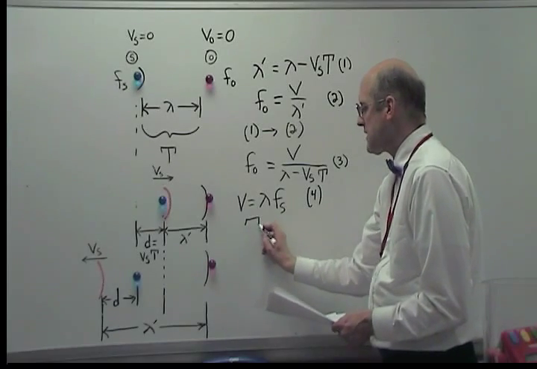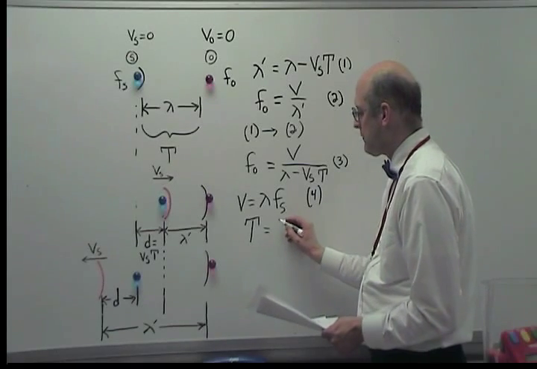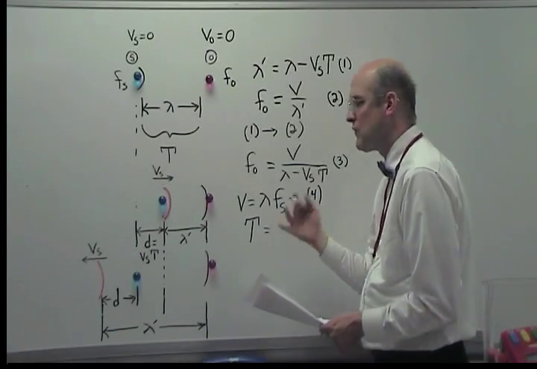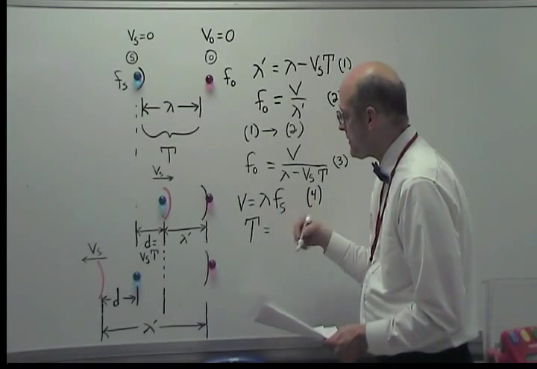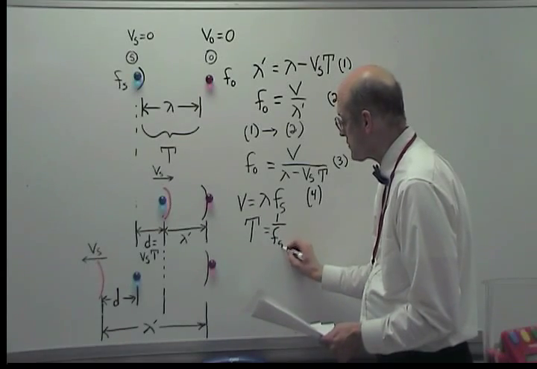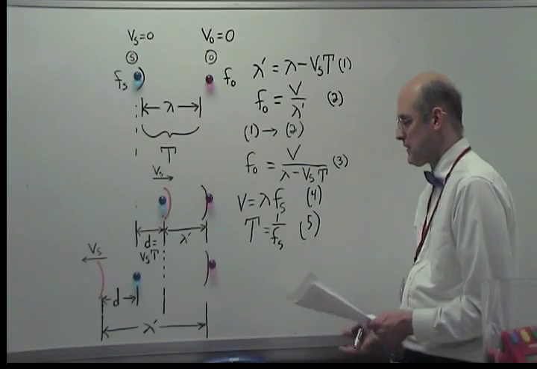Equation 5 relates the period to the frequency. Isn't the period of the wave emitted by the source equal to 1 over the frequency of the source? And that I'm going to call equation 5.